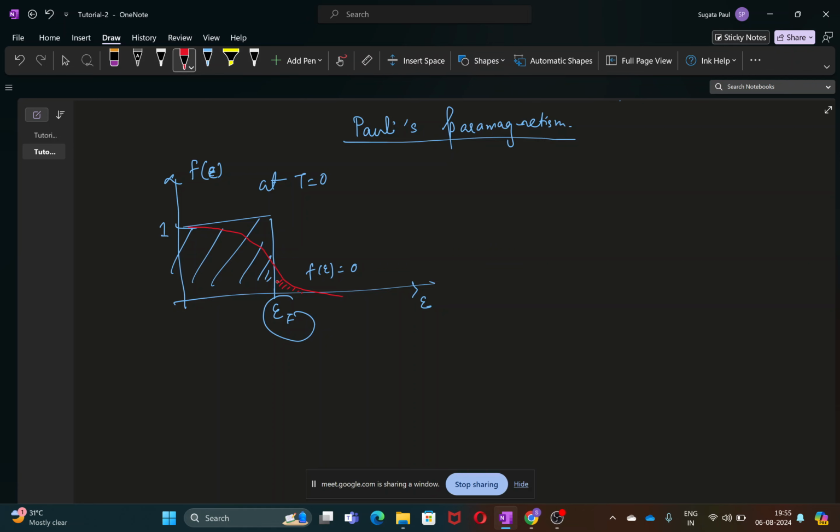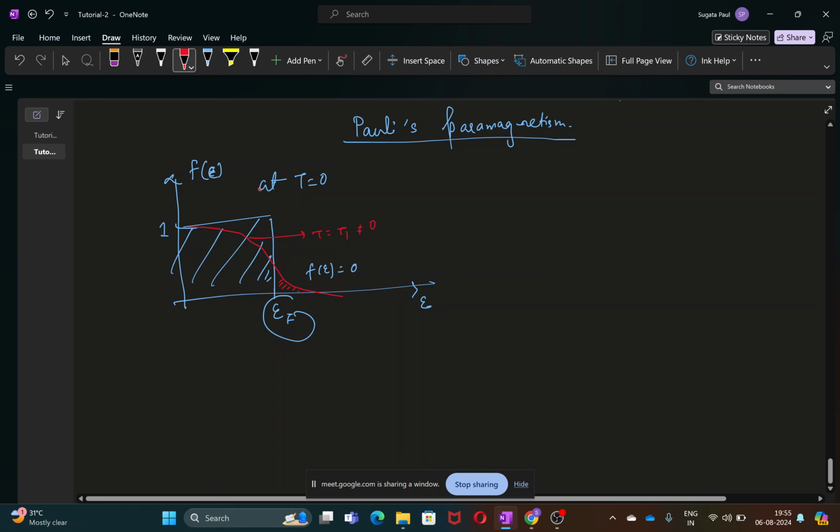So this is, let's say, at T equal to T1, which is not equal to 0, and the sharp blue curve of Fe is for T equal to 0.